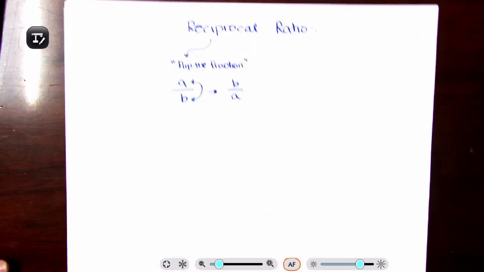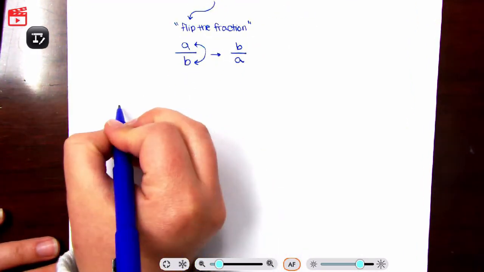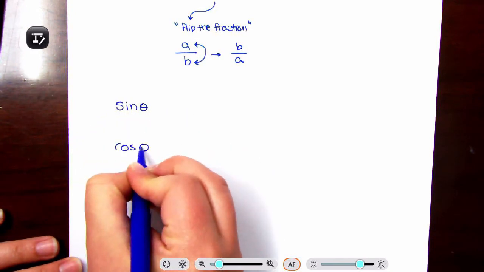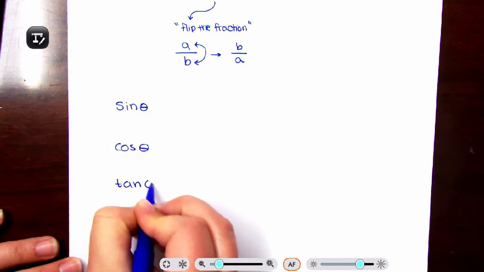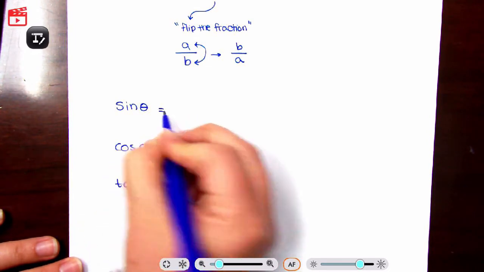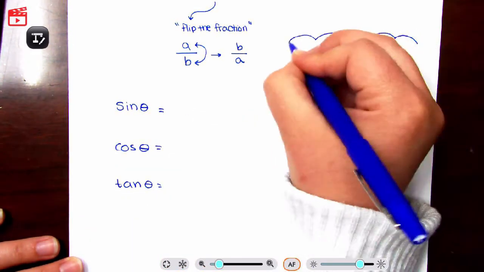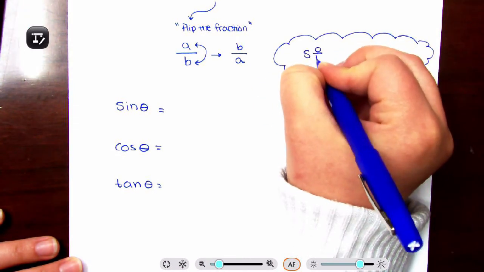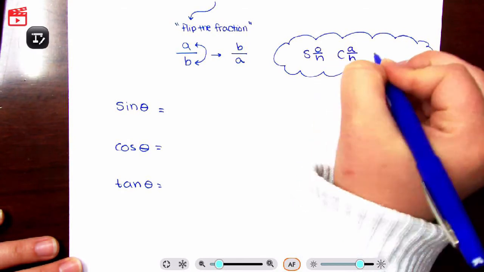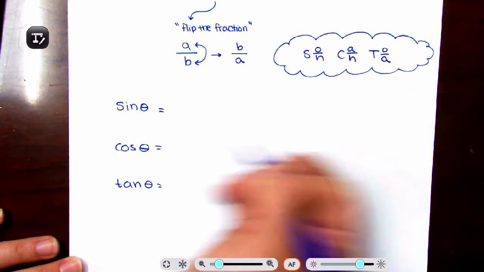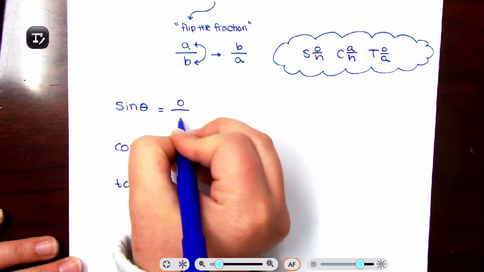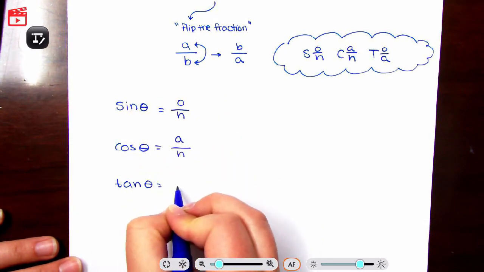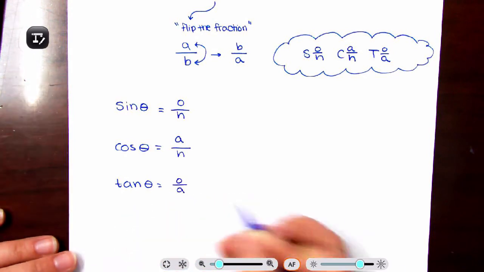So if, for example, you have, let's list this out, sine of theta, cosine of theta, tangent of theta. I'm going to write this in a thinking bubble because every single time we deal with right triangle trigonometry, we're going to be dealing with SOH, CAH, TOA. So sine is opposite over hypotenuse, cosine is adjacent over hypotenuse, tangent is opposite over adjacent.